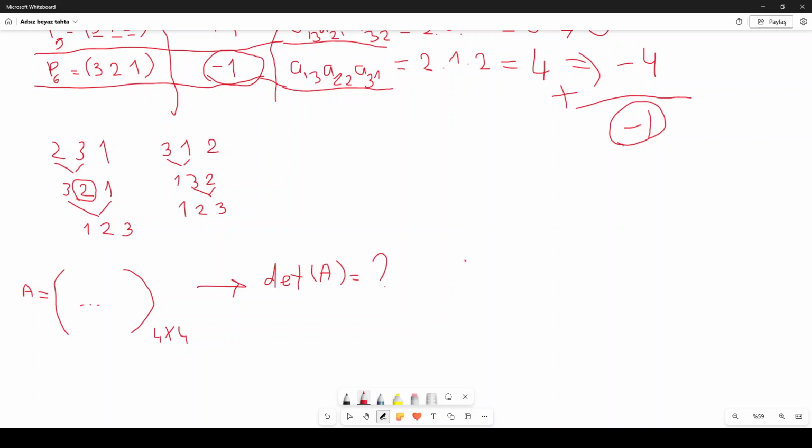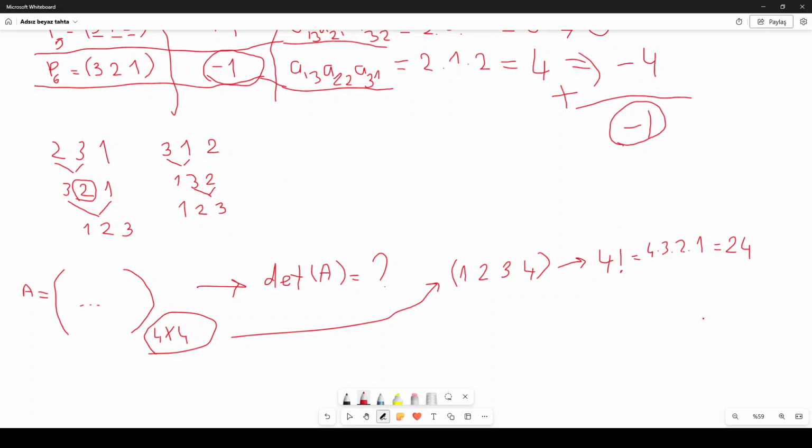Well, first of all, we have a 4 by 4 matrix. That means each permutation has 4 elements, and the very first one is 1, 2, 3, and 4, right? The permutation which is a natural ordering. And since we have 4 elements for this permutation, then we have 4 factorial different permutations, which is 4 times 3 times 2 times 1, equal to 24 in total.